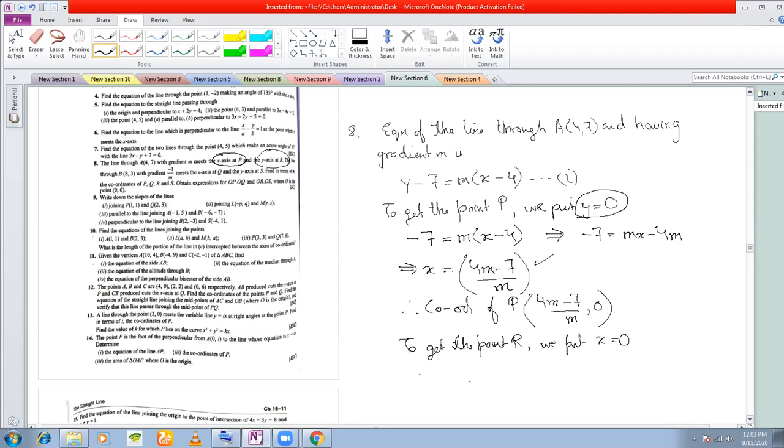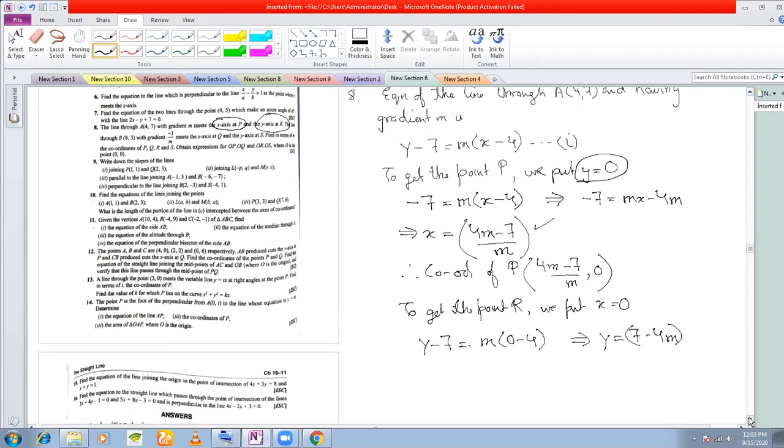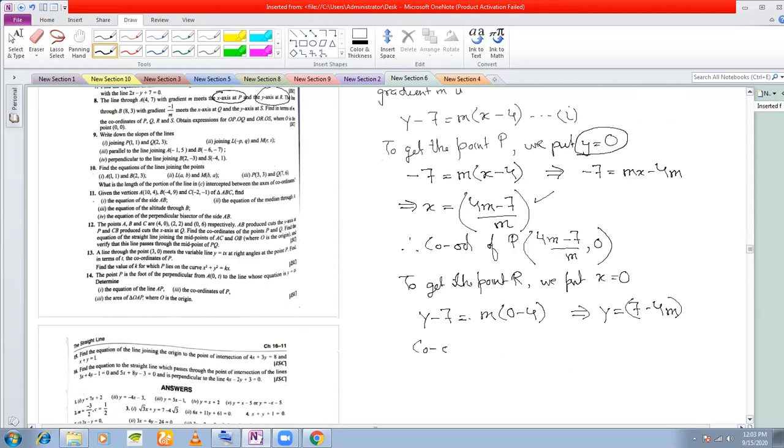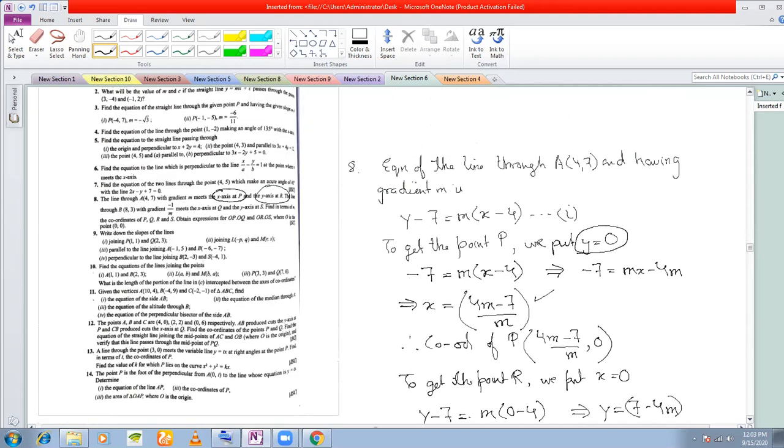What do we get? y minus 7 is equal to m times (0 minus 4). That means y is equal to 7 minus 4m. So the coordinates of R are (0, 7 minus 4m). So we got the coordinates of P and R.